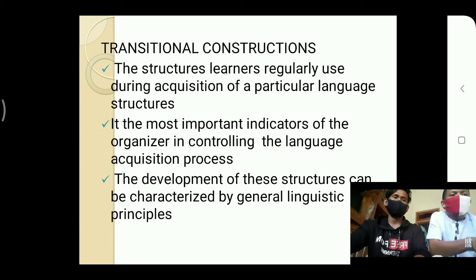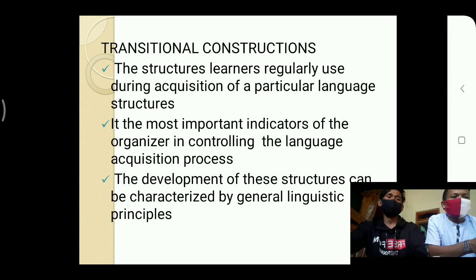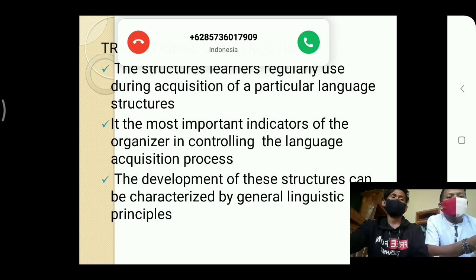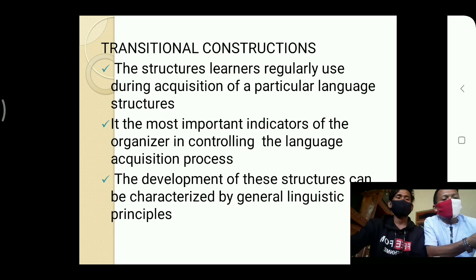Transitional constructions are the structures learners regularly use during acquisition of a particular language structure, and they are the most important indicators of the organizer in controlling the language acquisition process. And the development of these structures can be characterized by general linguistic principles.